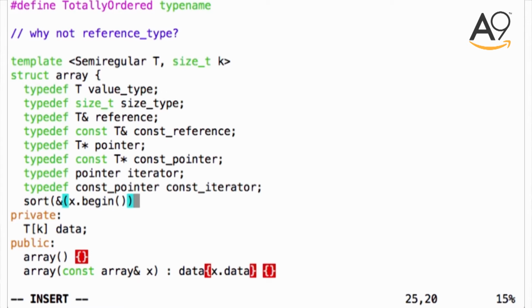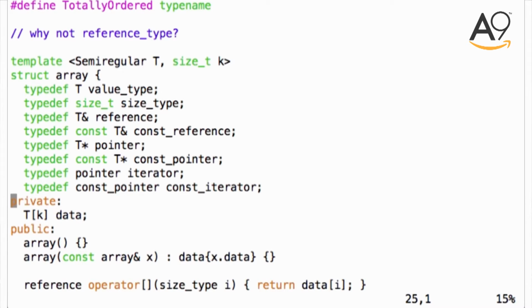You get your iterator, you dereference it to get the actual object, and then you take the address of that. This is not theoretical. People used to do this because this is the way you got good sort performance. So you don't want to make people do that. You just give them a pointer, and everyone will be happy.